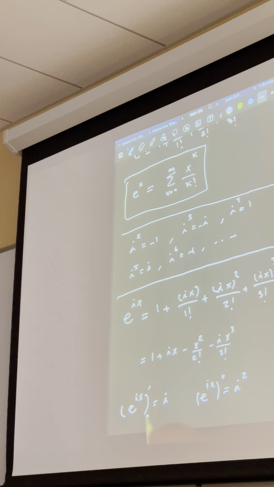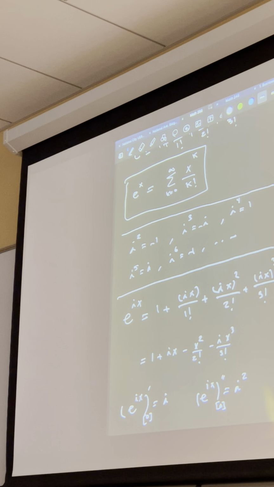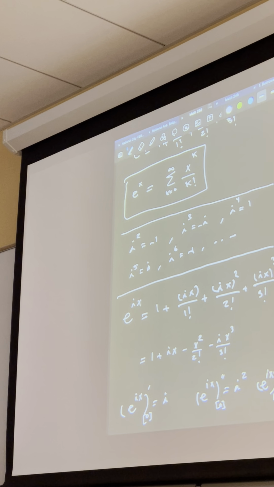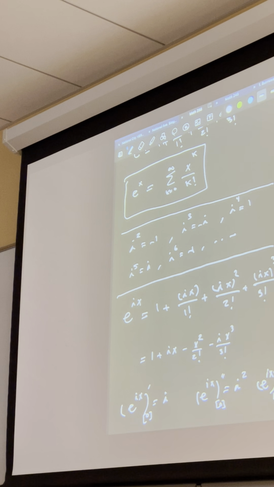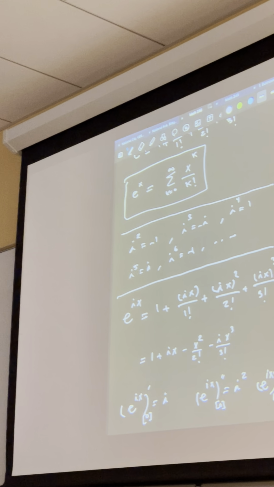Because this is at point 0, it'll just be i squared. So that's where this i squared and i cubed come from. And then the third derivative of e to the power of ix at the point 0, you have 3 i's coming out 3 times, but then e to the power of ix is like e to the power of 0 again, so you just get i cubed. Okay, gotcha.